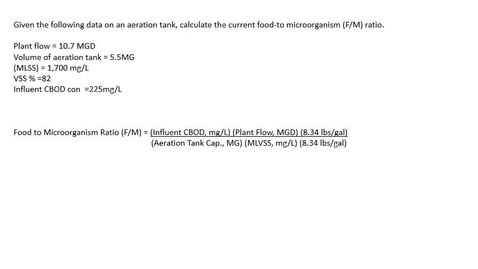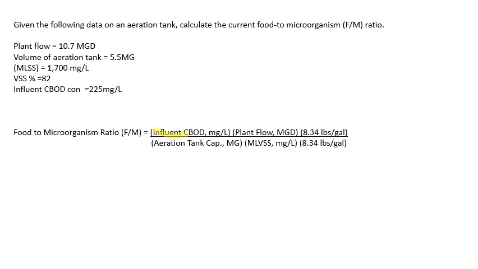So we have our formula again, and if you notice, instead of giving us the MLVSS this time, they gave us the MLSS. So we're going to have to do some extra steps here to find the MLVSS to plug into our formula.